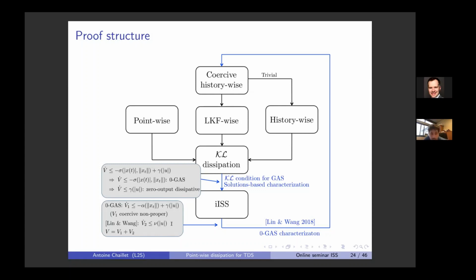And by Lin and Wang, who showed in 2018 that integral ISS implies coercive 0 output dissipativity, meaning V2 dot smaller than gamma of u. So when you add V1 and V2, you get a coercive proper Lyapunov functional, and you can easily show from these two bounds that you get a coercive history-wise dissipation rate due to this term here. And the proof is done.